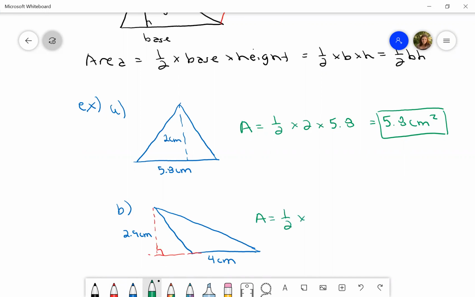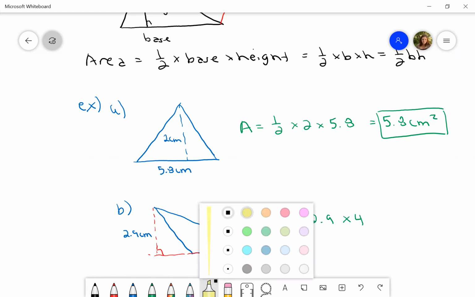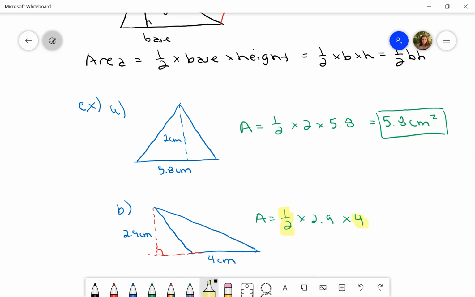It'll be 1/2 times 2.9 times 4. Okay, so I'm going to use my trick where I'm going to pair up the 4 and the 1/2 because those are a little bit nicer to pair up, right? So 4 times 1/2 comes out to 2. And then 2 times 2.9, I will plug that in my calculator, 5.8.